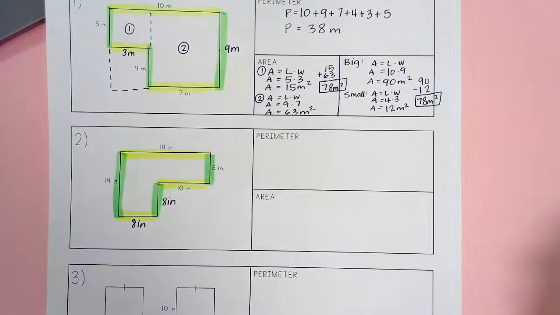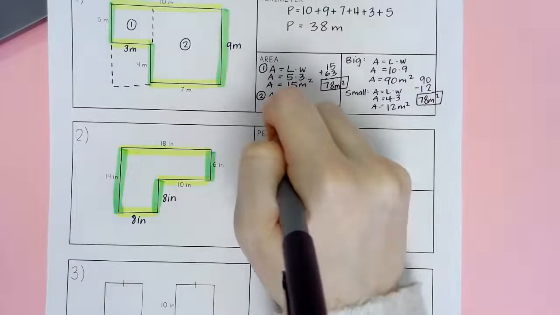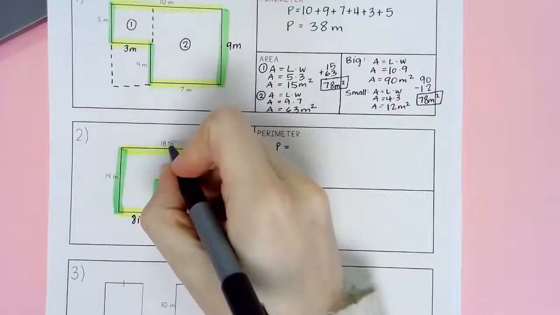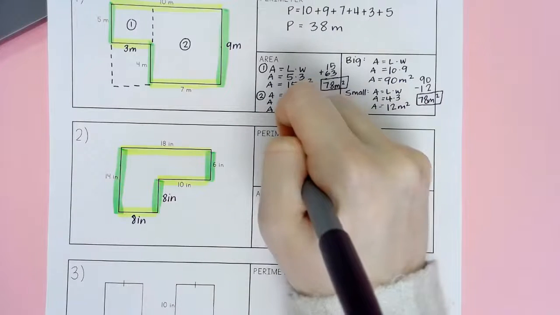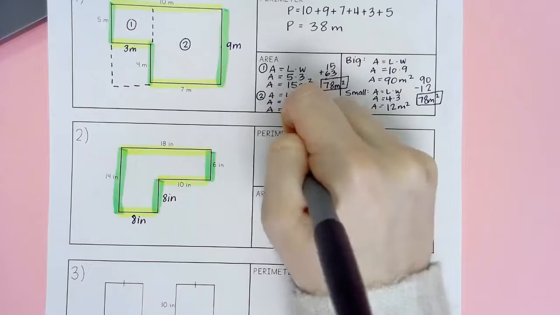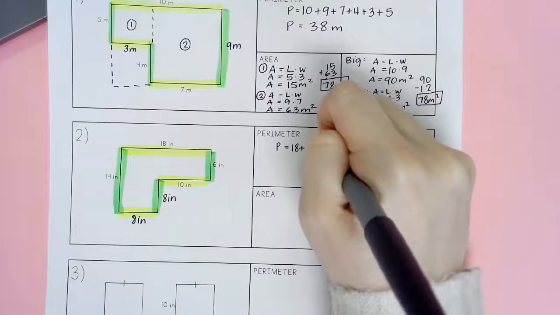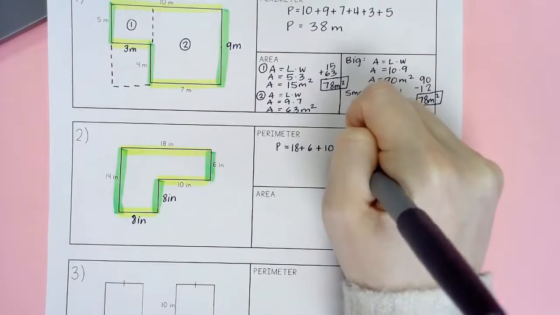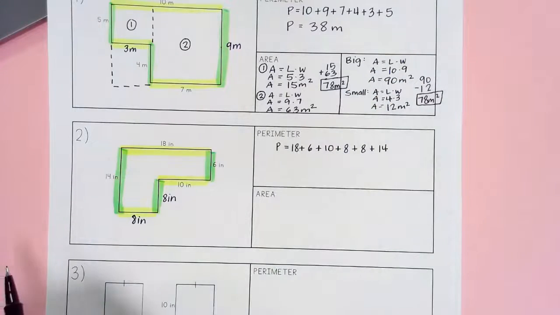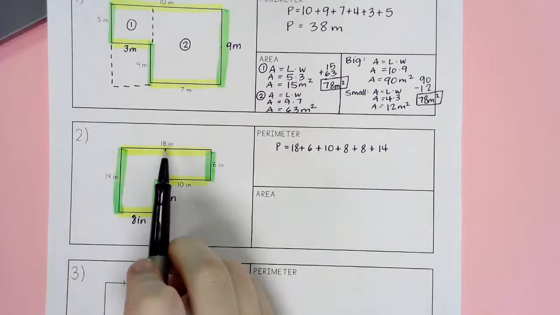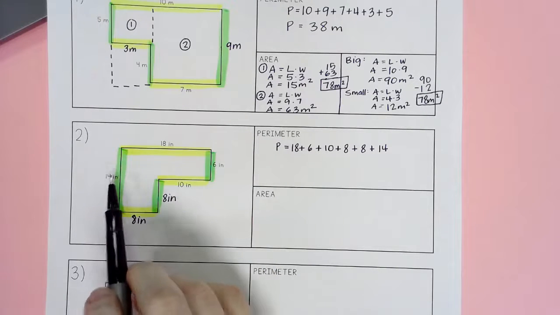Now that I have both of my missing sides, I can find my perimeter. So P equals, I'm going to start on the top, and I'm going to go clockwise. 18 plus 6 plus 10 plus 8 plus 8 plus 14. 1, 2, 3, 4, 5, 6, and I have 6 here.